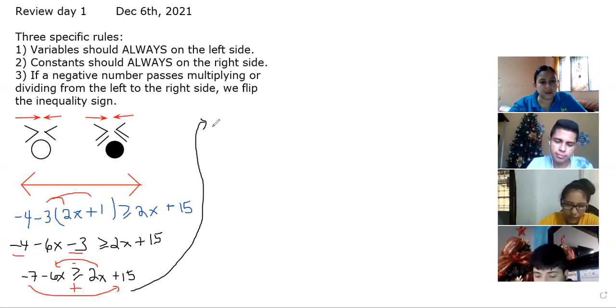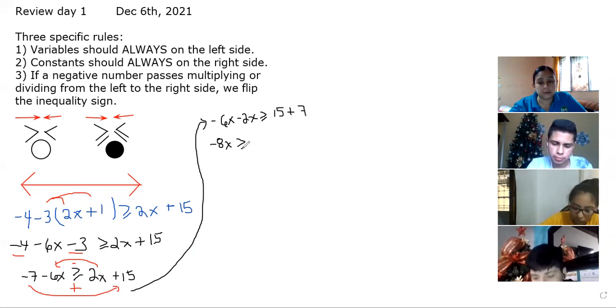So I'm going to have -6x minus 2x is greater than or equal to 15 plus 7. -6x minus 2x is -8x, very good. Greater than or equal to 15 plus 7.